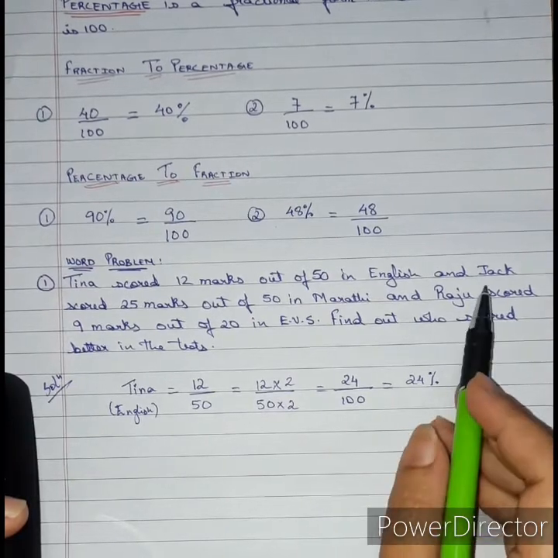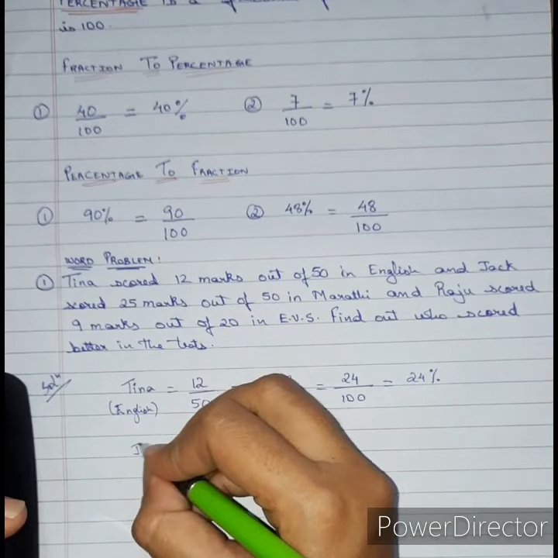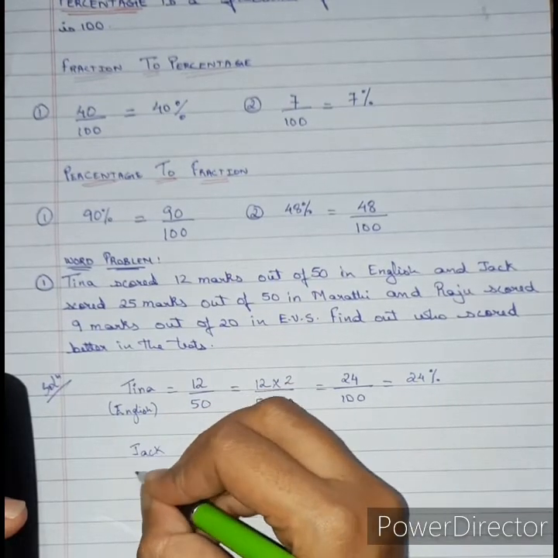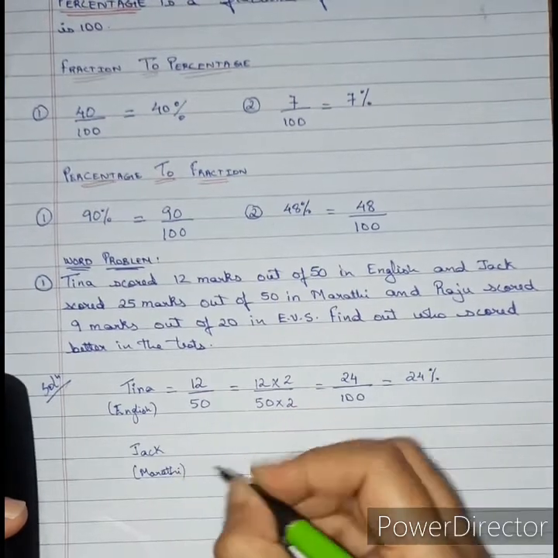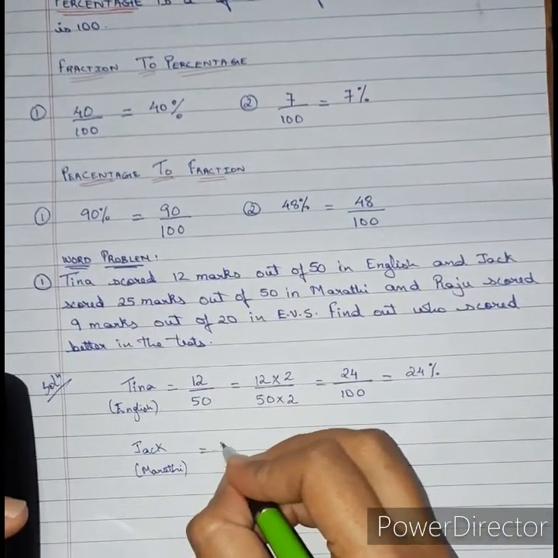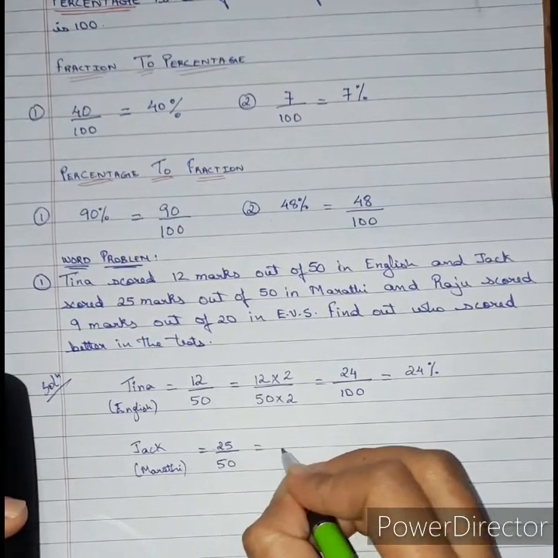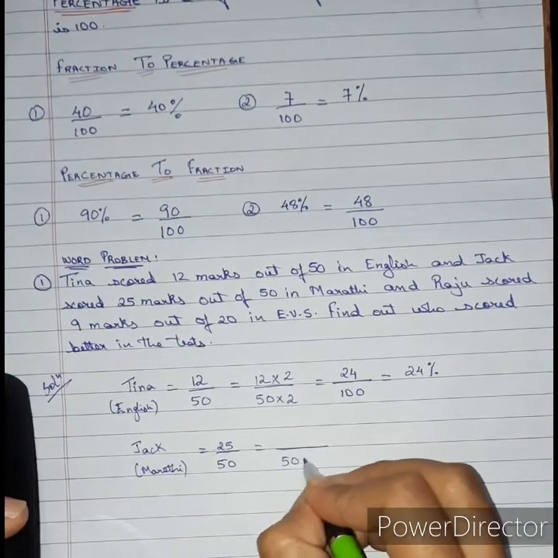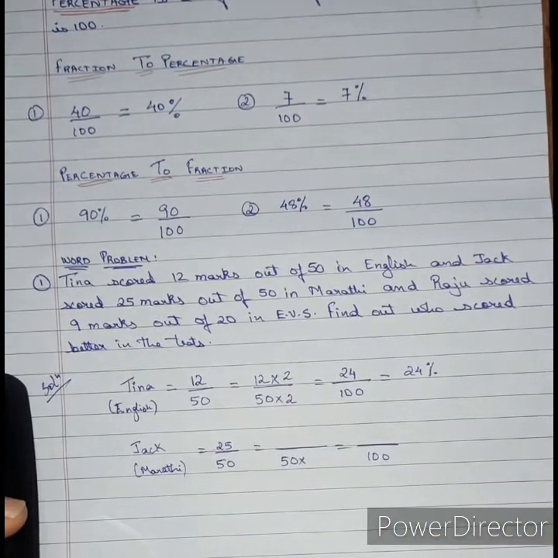Let us go for Jack's scoring. Jack has scored in Marathi 25 marks out of 50. Here also we have upon 50. So we have to multiply a number such that we get 100 in the denominator.